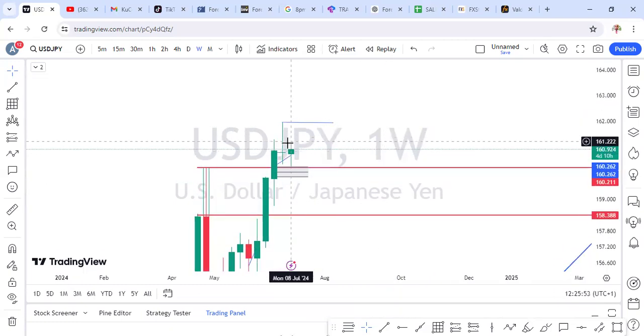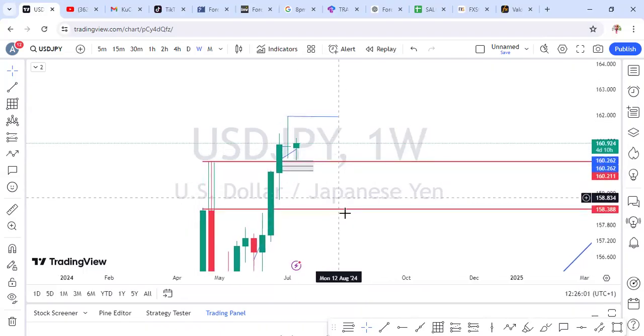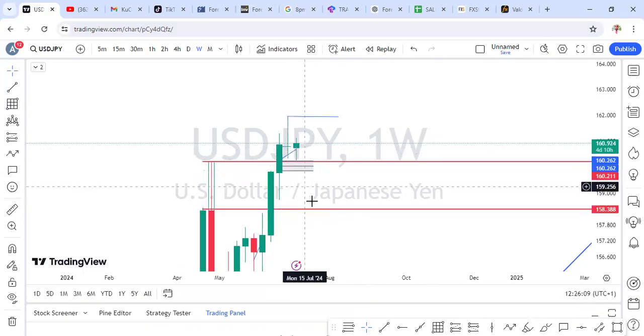But also, if we have a bearish week that closes below this by Friday, then price can roll back to this place. It means that we'll be having what we call a deep pullback, maybe back to this place.